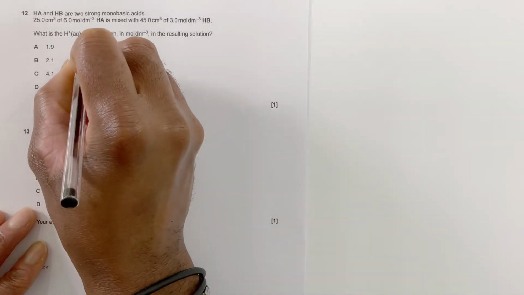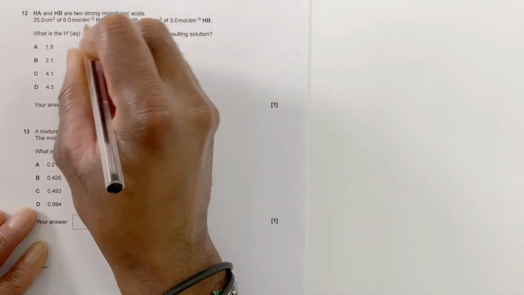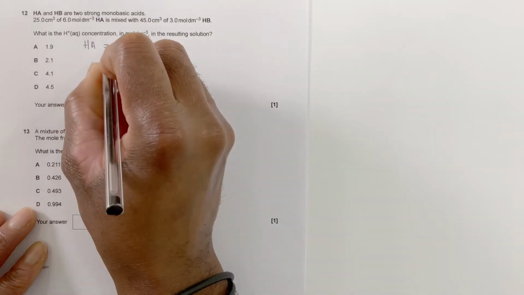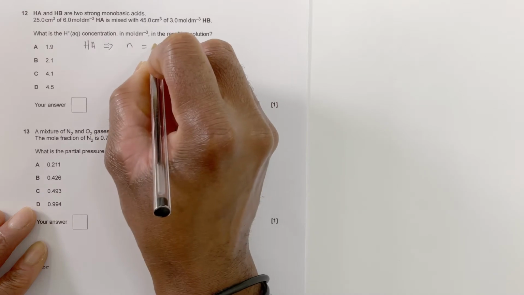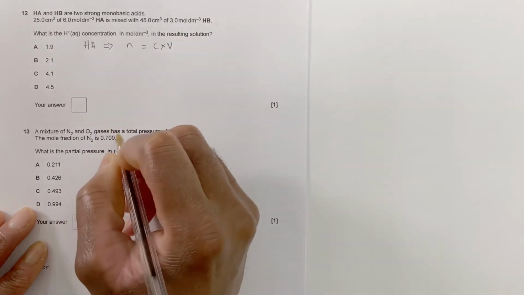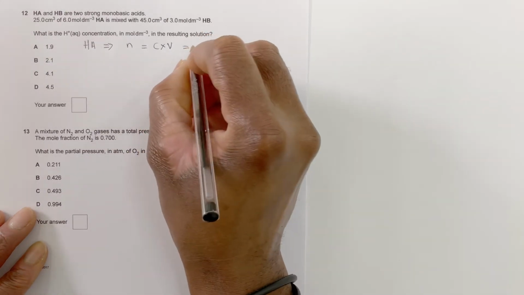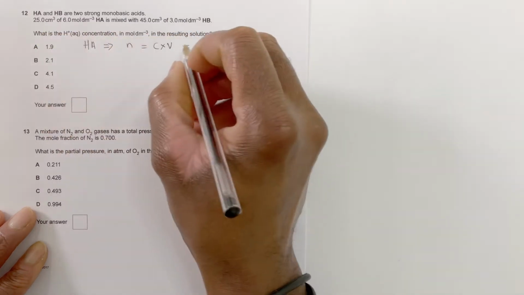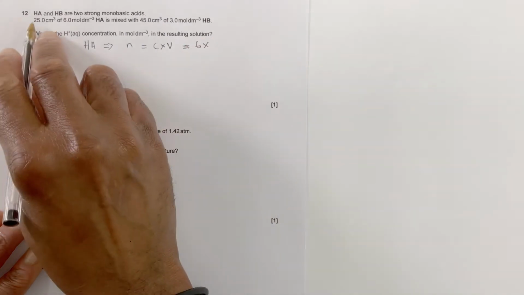Okay, so for HA, why don't we work out the mole first in HA? We know that mole is concentration times volume. For HA, the concentration is 6, and we're going to times that by the volume.